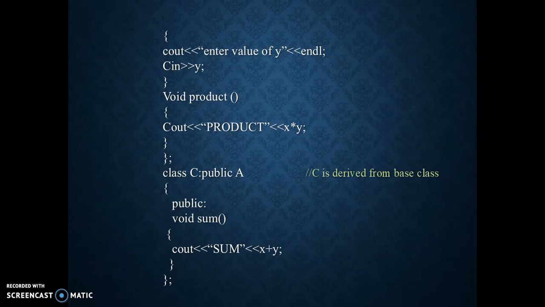Class C : public A, where C is derived from the base class. Public: void sum, cout sum x plus y.